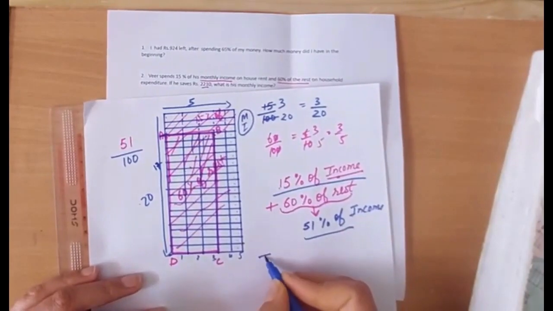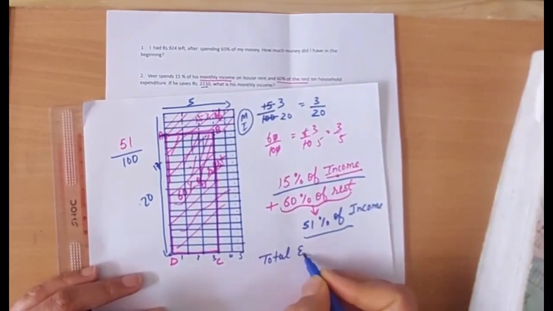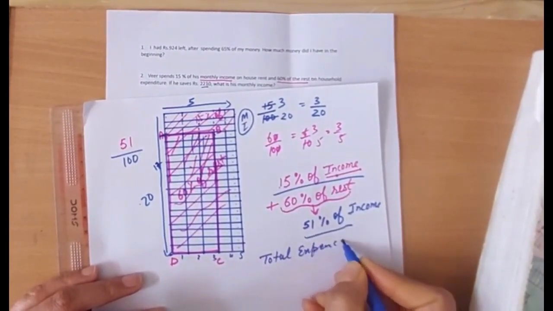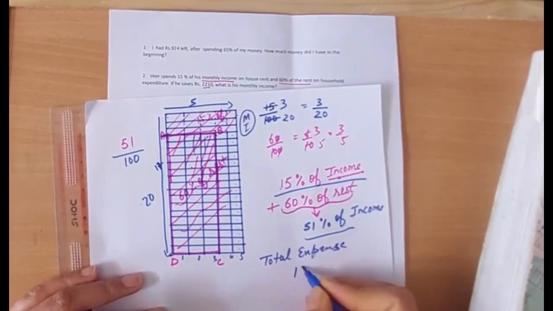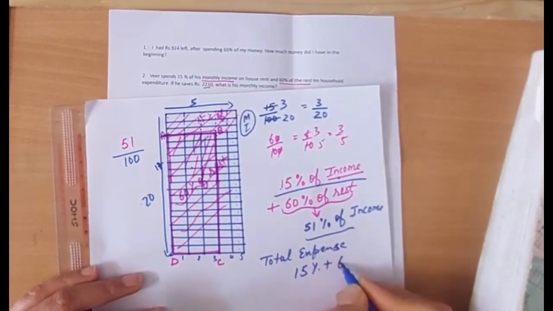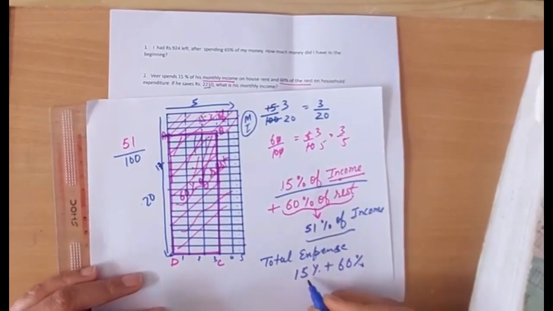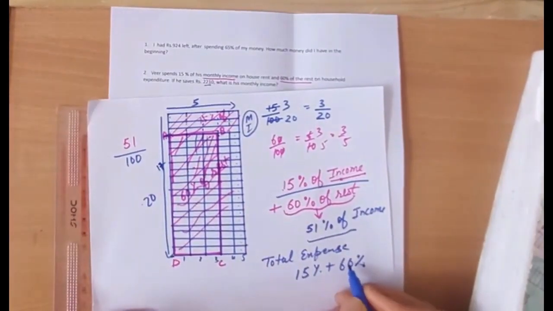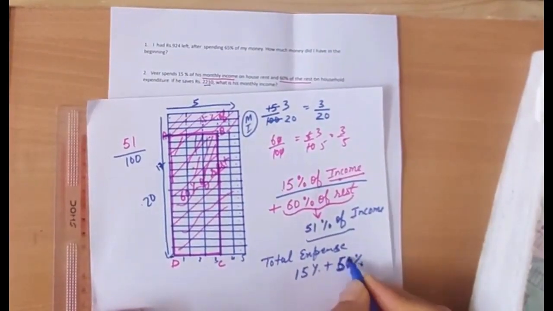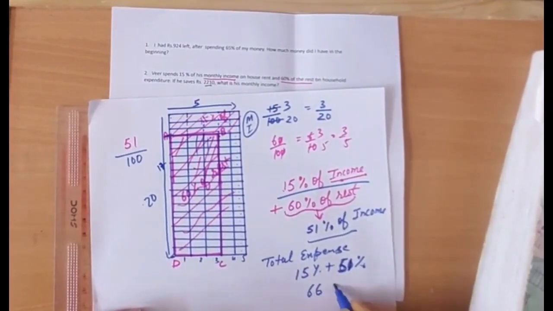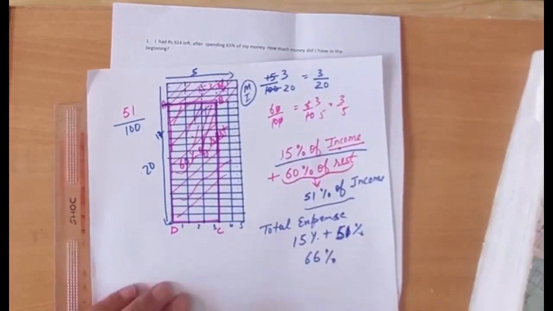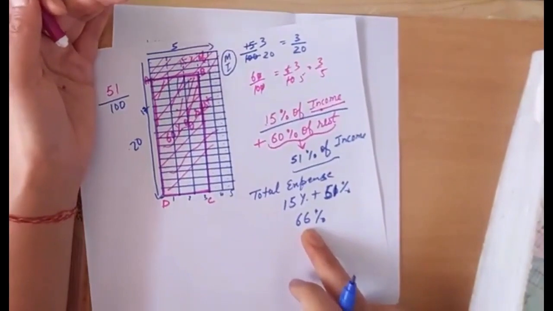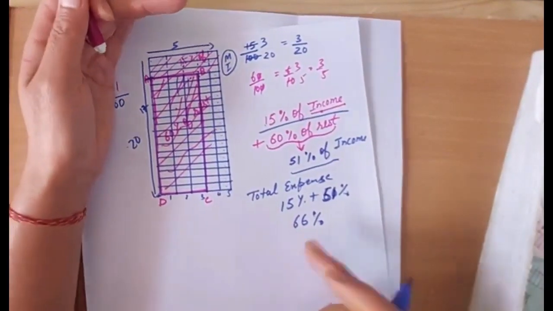So total expenditure is 15% plus 51%, which is actually equal to 66%. So 66% of the money has been used, and how much is left now?